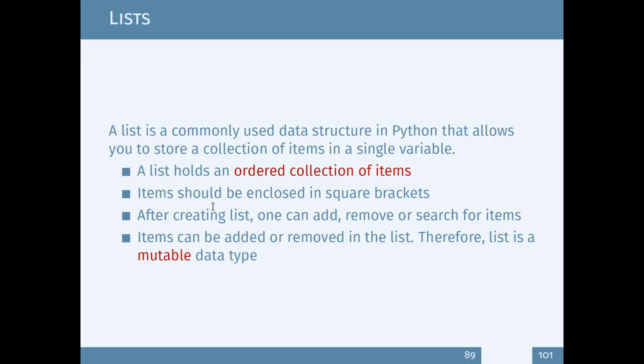When you're using a set of values, we have to enclose them using square brackets. So if you see square brackets and multiple values assigned to a variable, you should know it's a list. When you create a list, you can manipulate it, which means after you create the list, you can add, remove, and search items. Therefore, we say a list is a mutable data type.